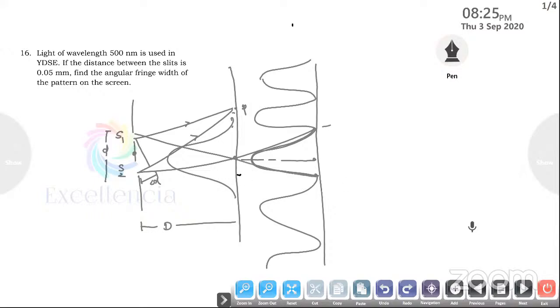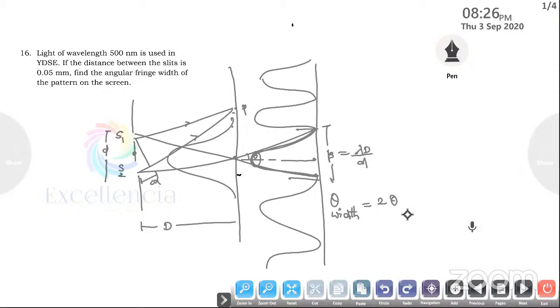If you consider this whole fringe, this is fringe width beta. The minima to minima gap is called fringe width, and its value is lambda D by d. If I take this angle as some theta, the total angle becomes the angular fringe width, which is 2 times the angle subtended here.